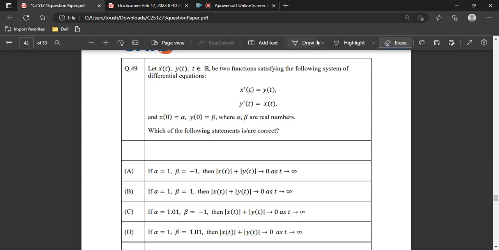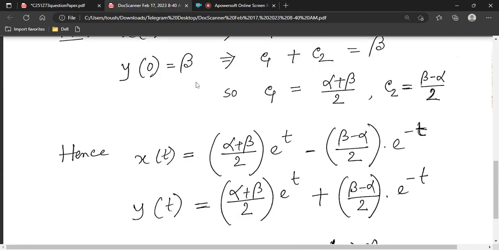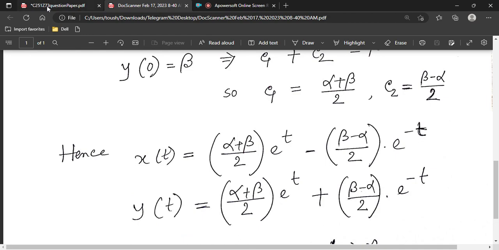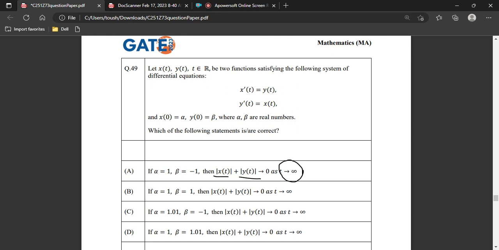So note that they have asked when t tends to infinity, right? And another thing is that they have said |x(t)| + |y(t)|. So both |x(t)| and |y(t)| are positive or equal to 0, right? Because mod is always non-negative.